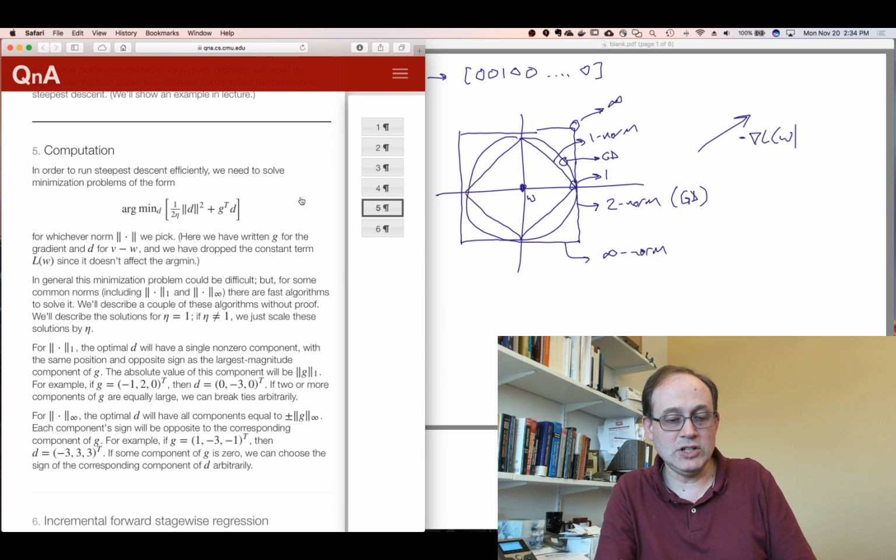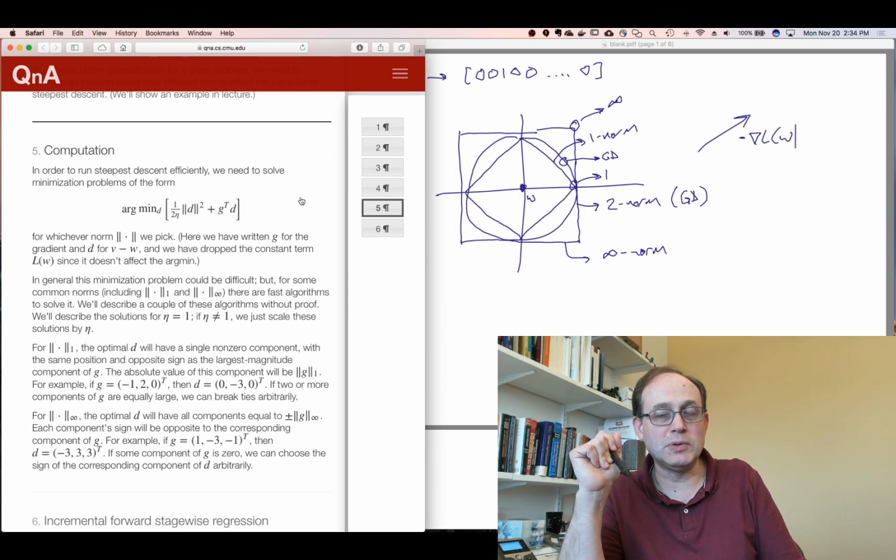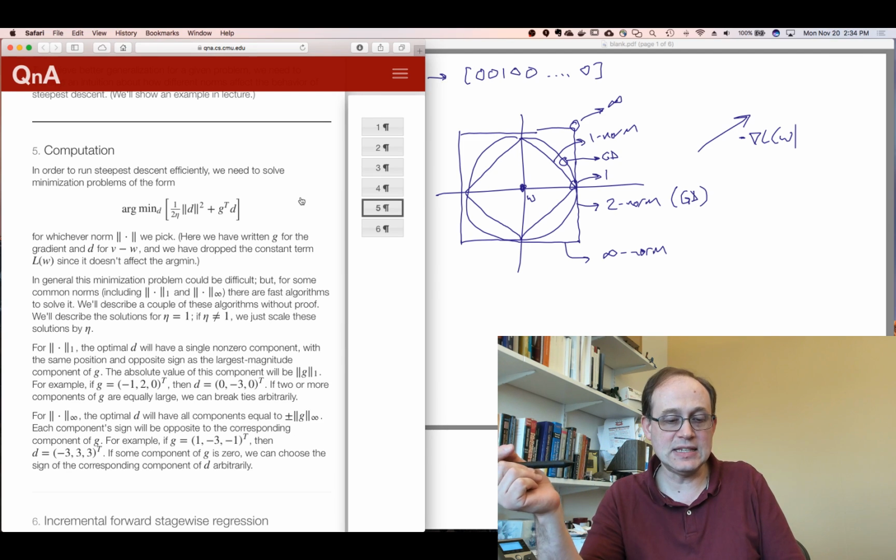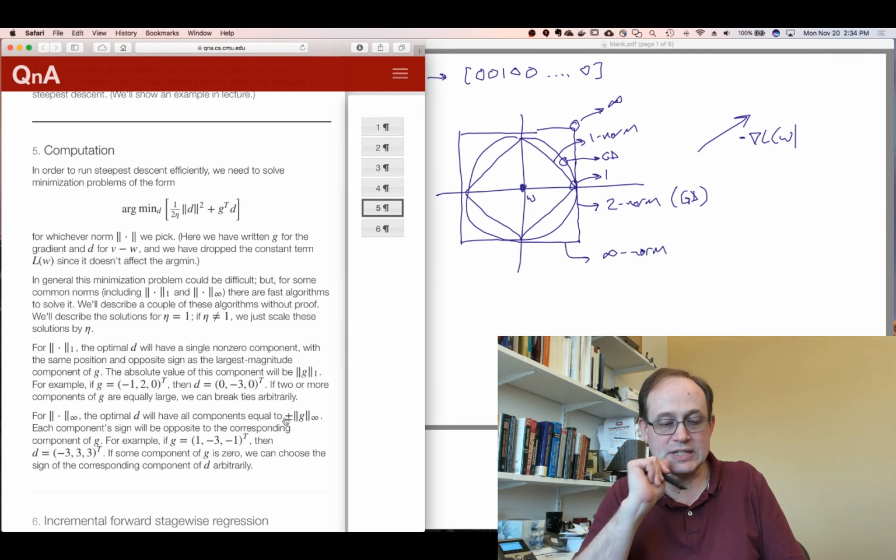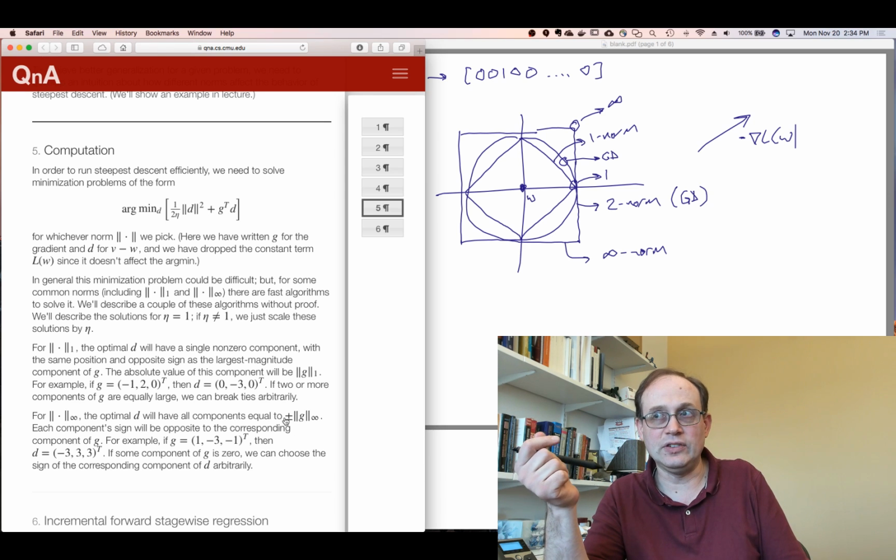In general, the optimization problem could be difficult, but for the 1 norm and for the infinity norm, it turns out to be easy. I've just written down the solutions here. You don't have to pay a lot of attention to the exact form of the update, just know that there's a really efficient way of finding the steepest descent update point for both of those norms.